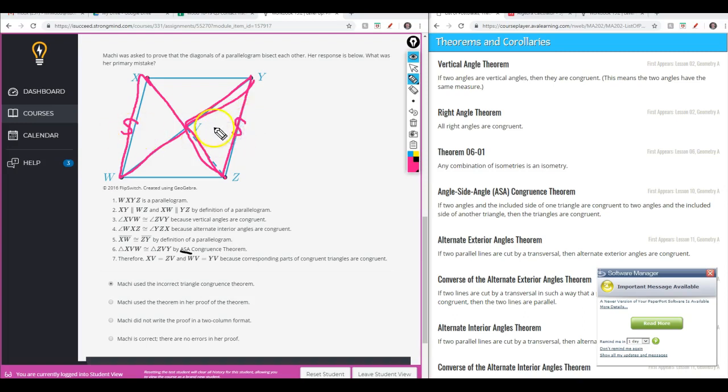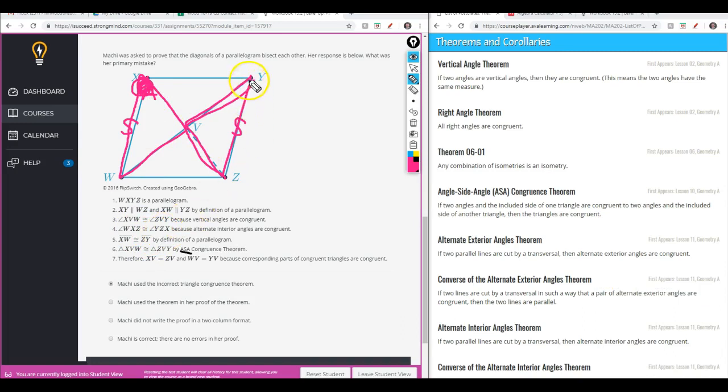So there's our corresponding sides. And then we have an angle WXZ. So this is our angle. And its congruent angle would be YZX. So we do have a pair of corresponding angles right there and right there that are congruent.